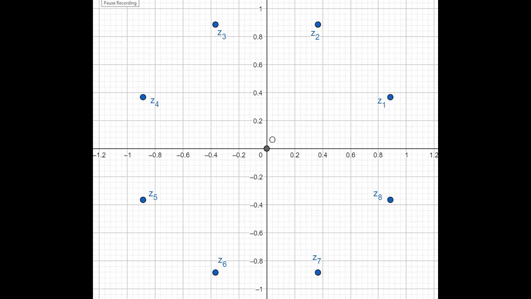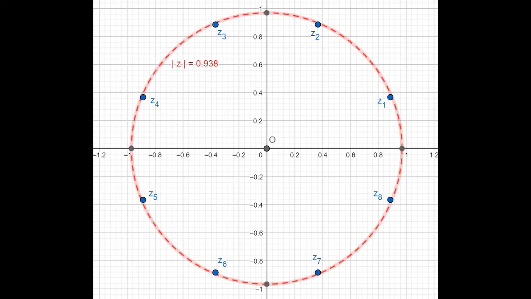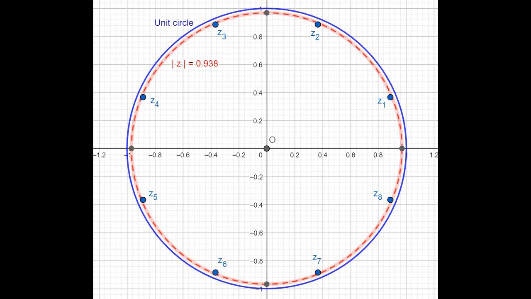So these are the roots of the equation z raised to 8 plus 3 by 5 is equal to 0. They are actually lying on the circle x square plus y square equal to 0.938, where 0.938 is the value of 3 by 5 raised to 1 by 8. So these 8 roots are actually lying inside the unit circle, as you can see in the figure.